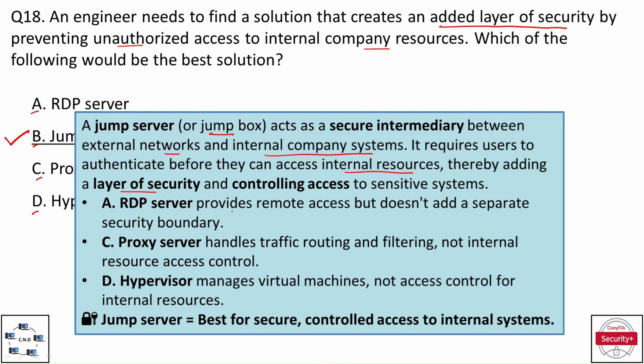Option A, RDP server provides remote access but does not add a separate security boundary. Option C, proxy server handles traffic routing and filtering, not internal resources access control. And option D, hypervisor manages virtual machines, not access control for internal resources. So jump server is best for secure, controlled access to internal systems.